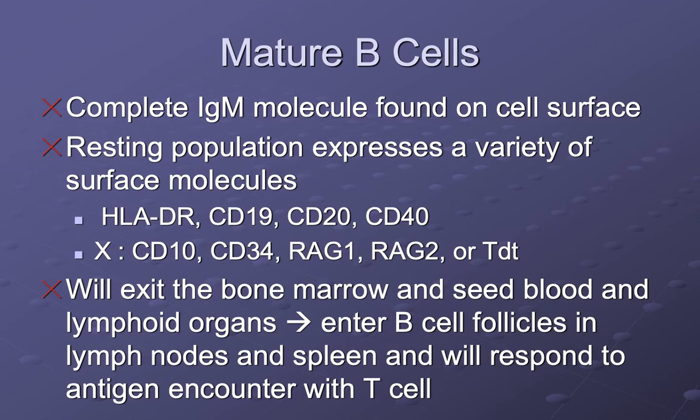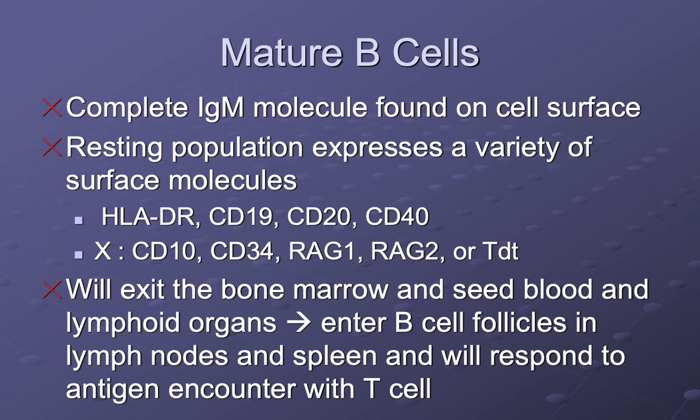They can enter follicles in our lymph nodes and in our spleen. They can respond to any antigen encounter, that could be T cell dependent or not. And of course, the most important function of our B cells is antibody secretion, antibody production.